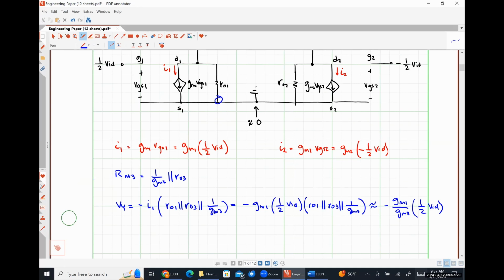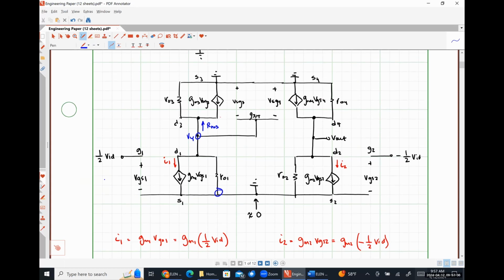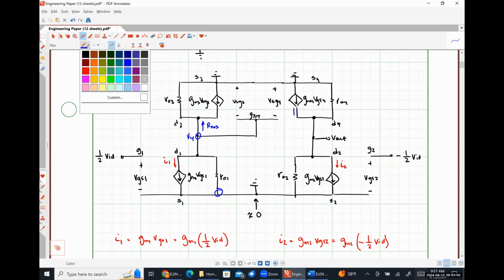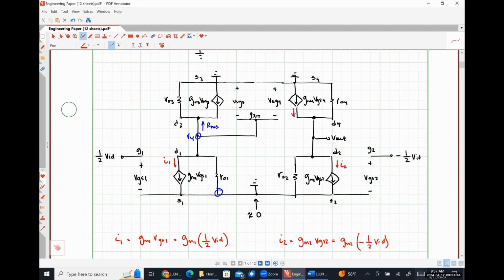So now let's look at what's going on with transistor M4. I'm going to define small signal current, I'll do it in red so that I'm consistent here, of I4, just like I did with my other transistors.